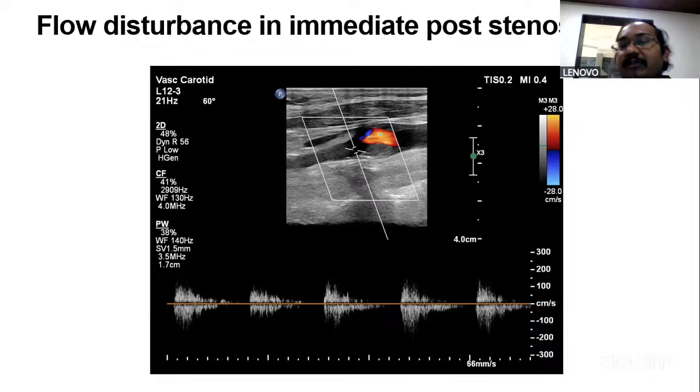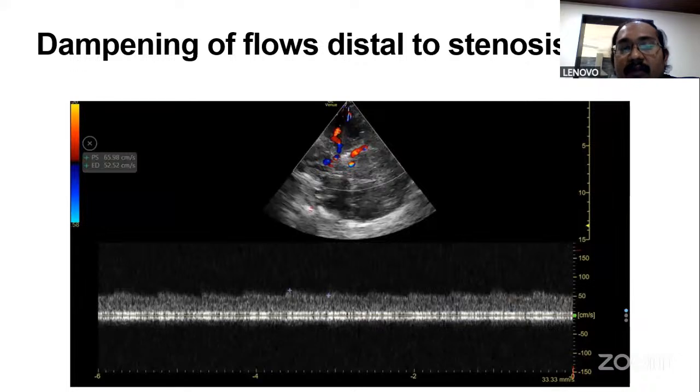And if the stenosis is significant enough, what we get is a dampening of flows. Say I have sampled around the distal M2 segment, and say the M1 segment of the MCA has a severe stenosis. Now as the blood flows to the M2 segment, it shows something called dampening. There is hardly any upstroke. If there is a deficient upstroke, then we call it dampening of flows.